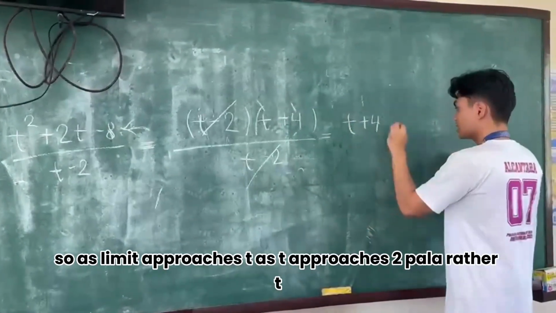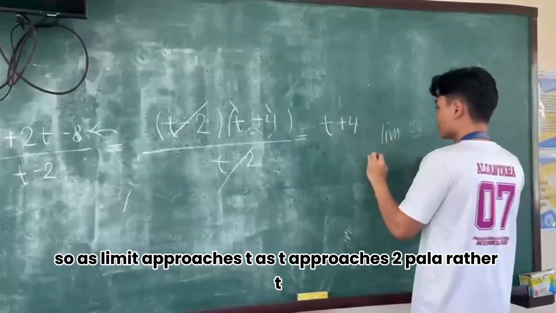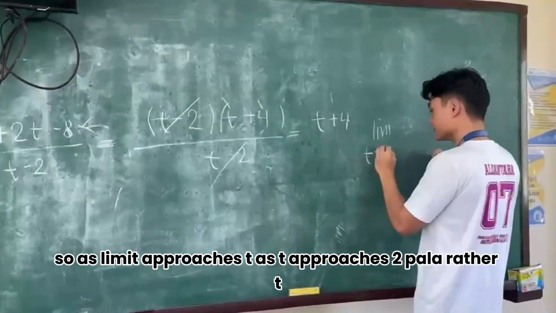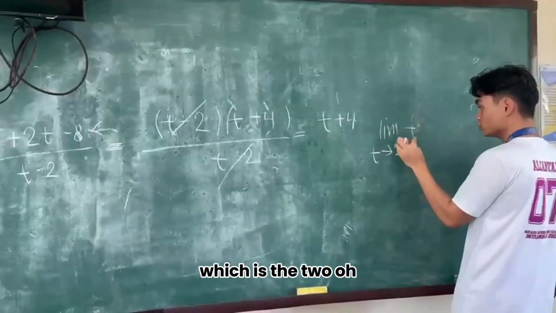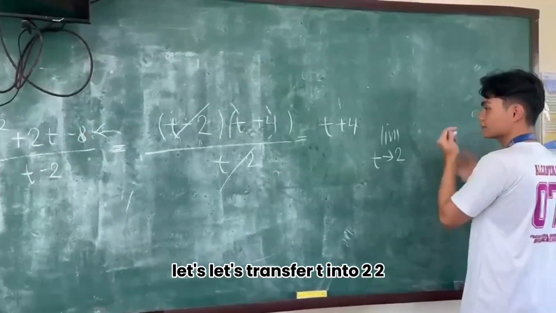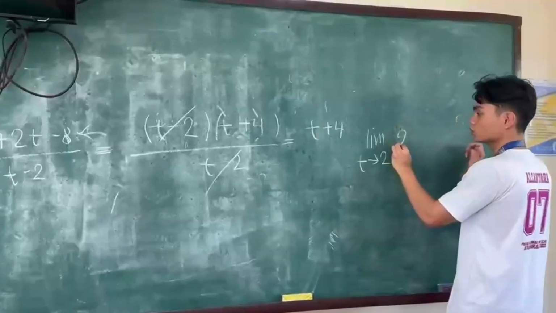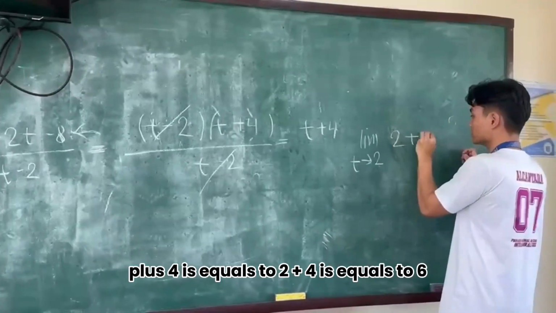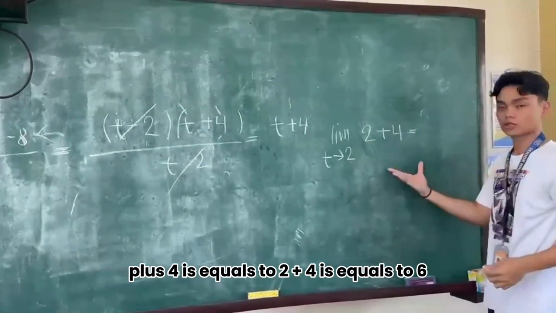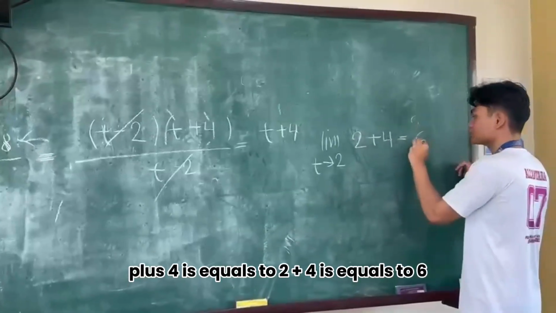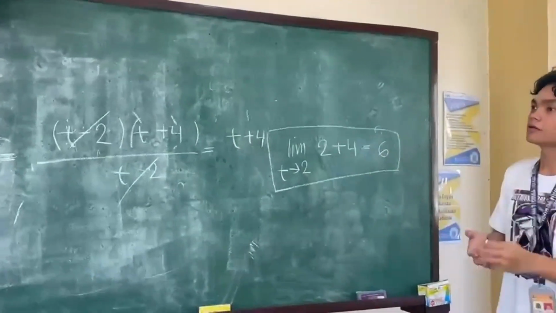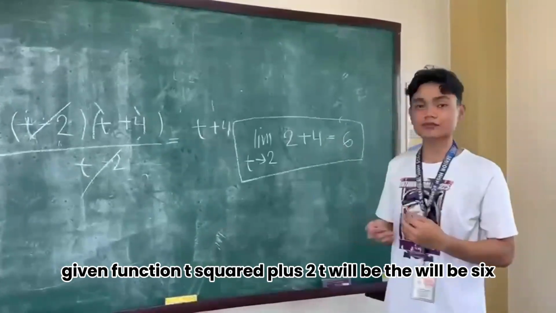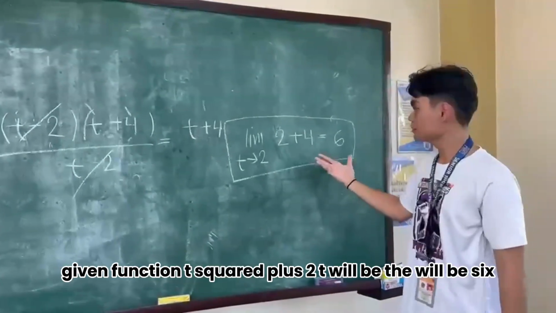So as t approaches 2, t plus 4 becomes 2 plus 4, which is equal to 6. So the limit of the given function t squared plus 2t will be 6.